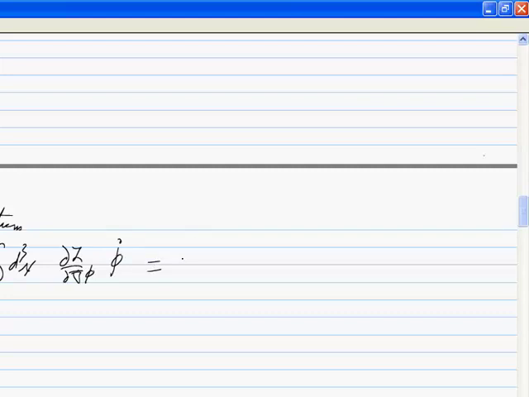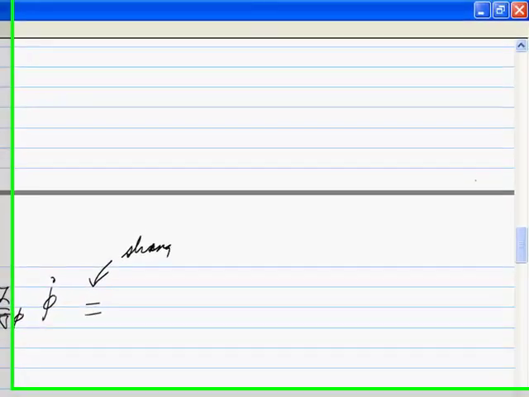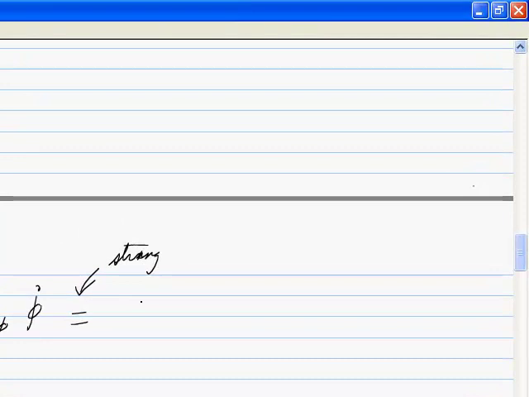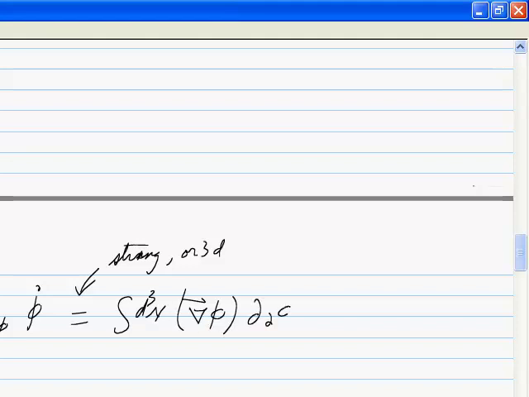If I plug this in for my previous solution, our previous case of phonons, this turns into the integral d3x. The derivative of the Lagrangian with respect to del phi is just del phi back again, times d by dt of phi.